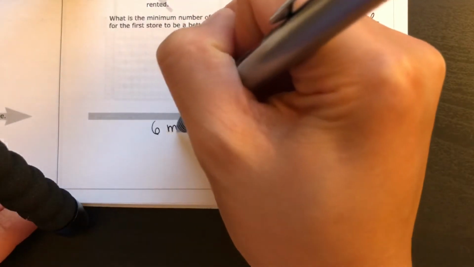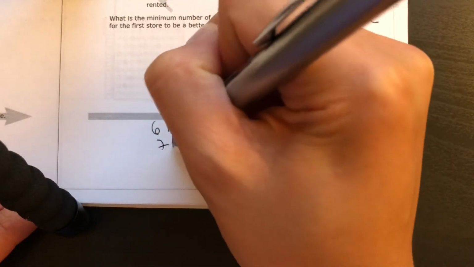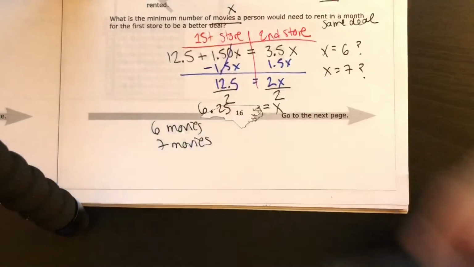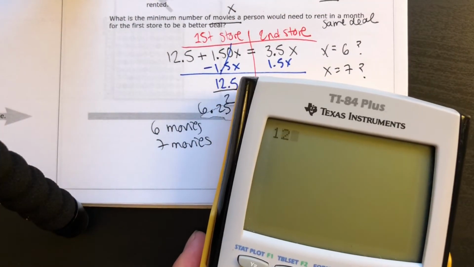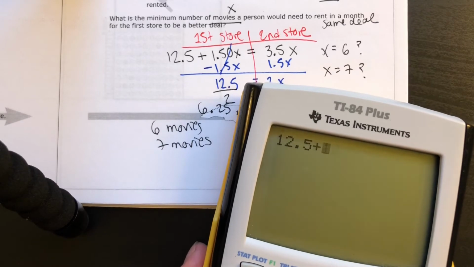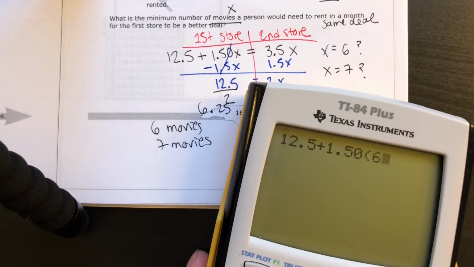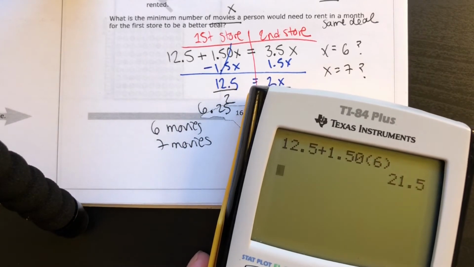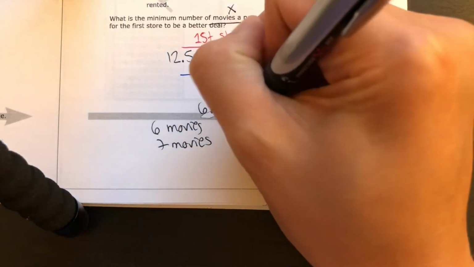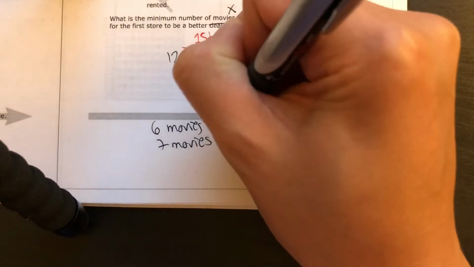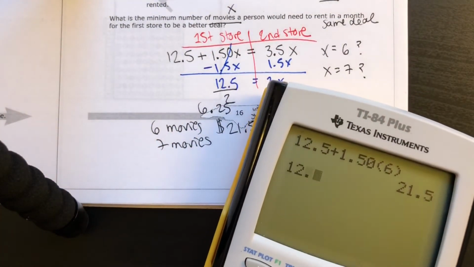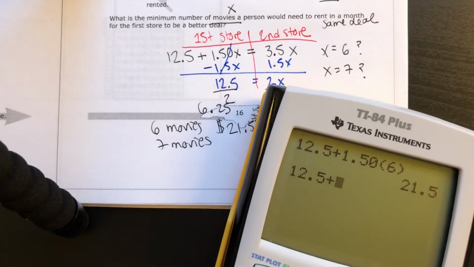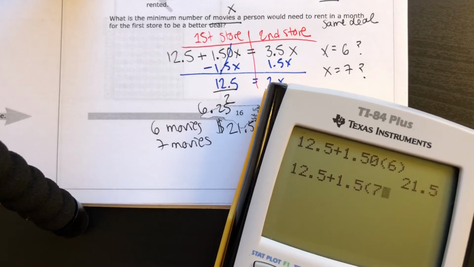So if I have 6 movies versus 7 movies, if I have 6 movies at the first store, let's use this equation. So 12.5 plus 1.50 times 6 movies. That's going to cost $21.50. If I have 7 movies at store 1, let's use the same equation. 12.5 plus 1.50 times 7 movies.